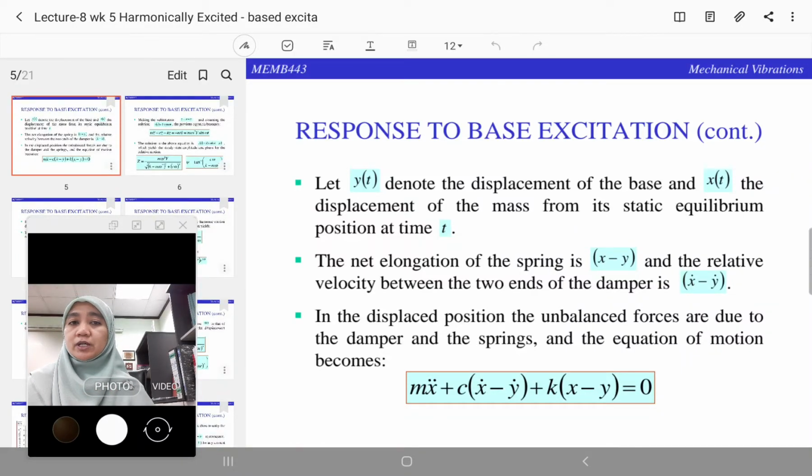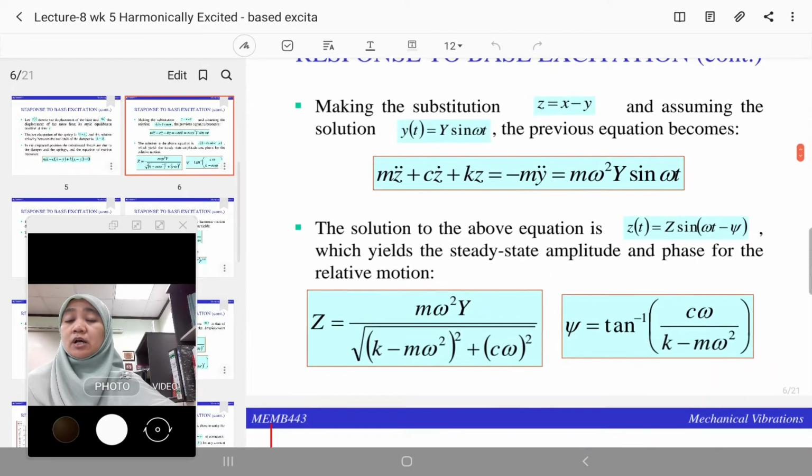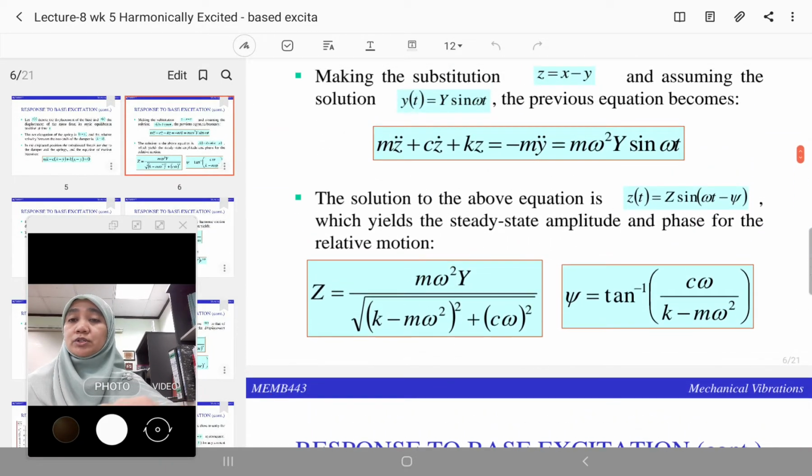We have derived the equation of motion for the base excitation of a forced vibration of a single degree of freedom system. So now let us take a look at the response. I think this one has been shared before: the response is very similar to the fixed base.